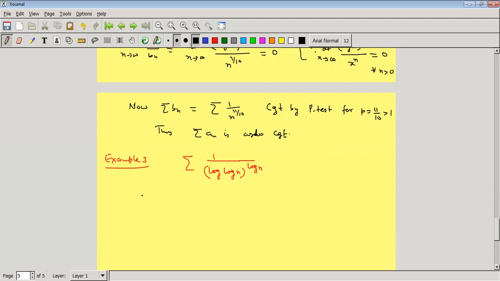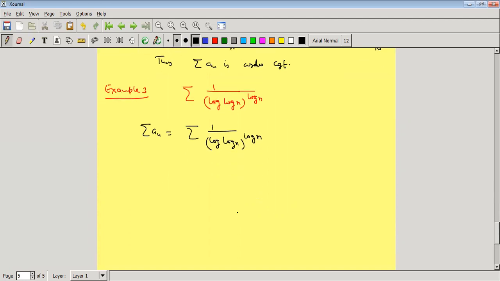So if we take summation an to be summation 1 upon (log n)^(log n), if we take this series, right? So here the nth term is (log n)^(log n). This is the nth term.